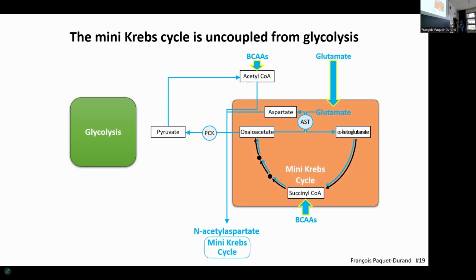And again, we skip the upper half of the cycle, the rate-limiting slow steps, making the whole thing faster. So this Mini-Krebs cycle that was first suggested in the 1990s would be efficient. It would be independent of glycolysis, uncoupled from glycolysis, and it would be relatively fast.